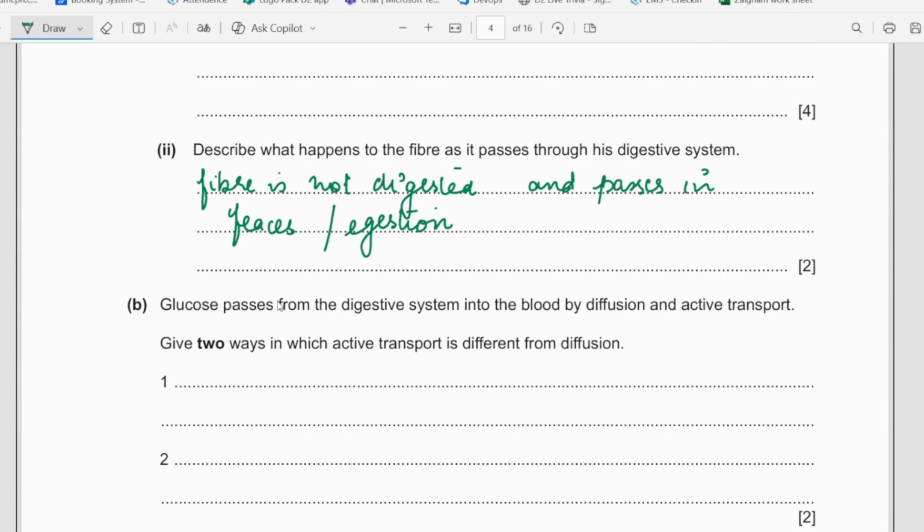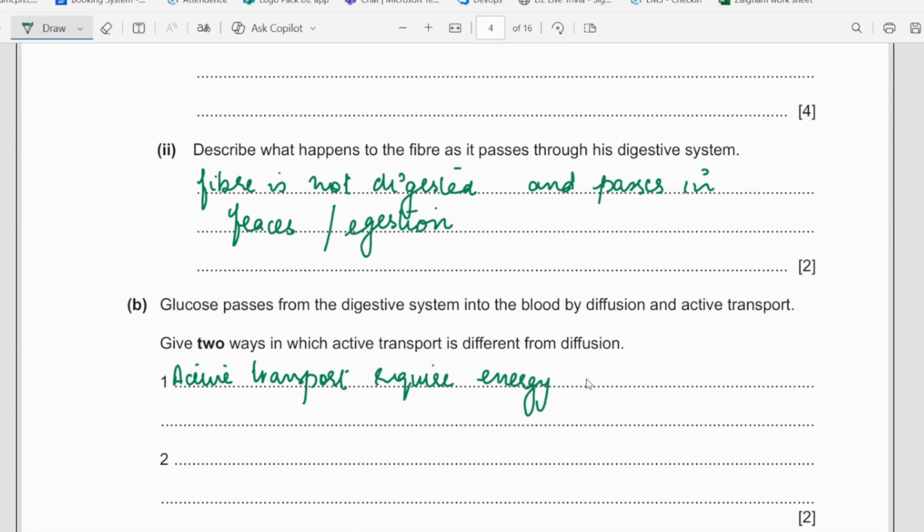Next question. Glucose passes from the digestive system into the blood by diffusion and active transport. Give two ways in which active transport is different from diffusion. Now you have to give the features for active transport basically. Active transport requires energy.